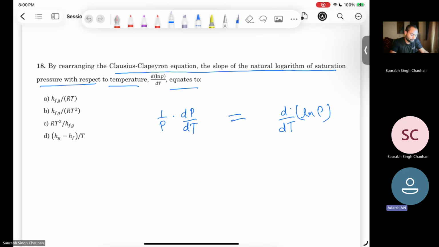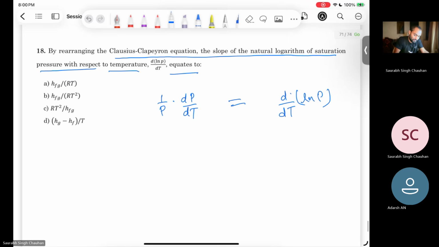In the Clapeyron equation there may also be P, and then the ideal gas approximation can also be written, so we have to relate PV and RT also. Let us write the Clausius-Clapeyron equation first. dP by dT at saturation temperature is equal to what?